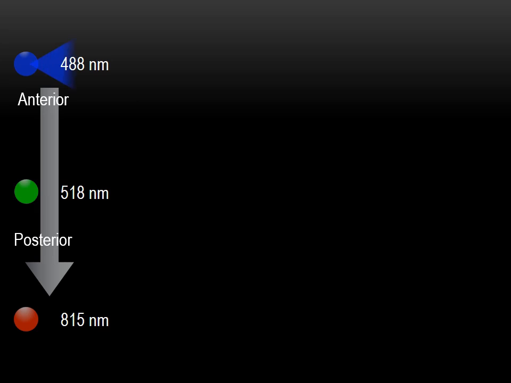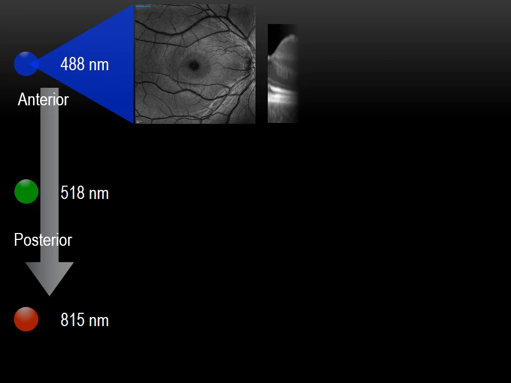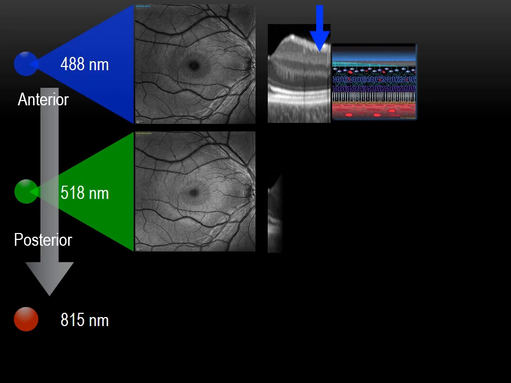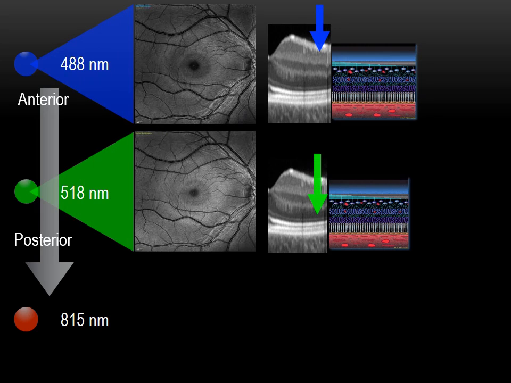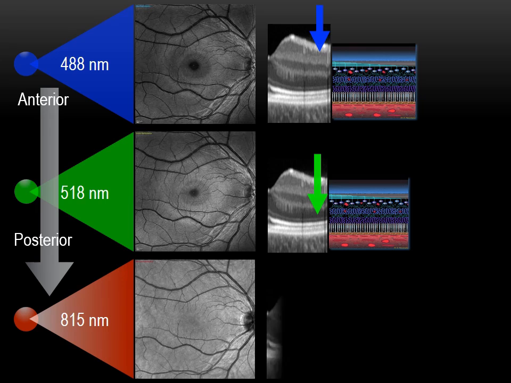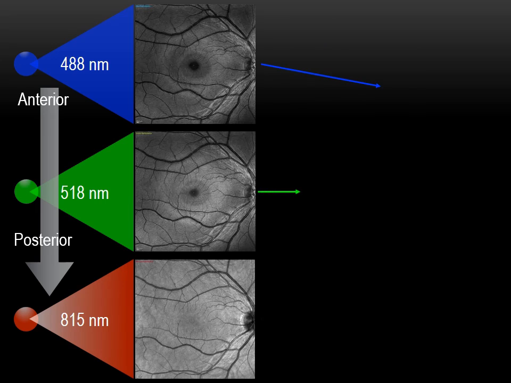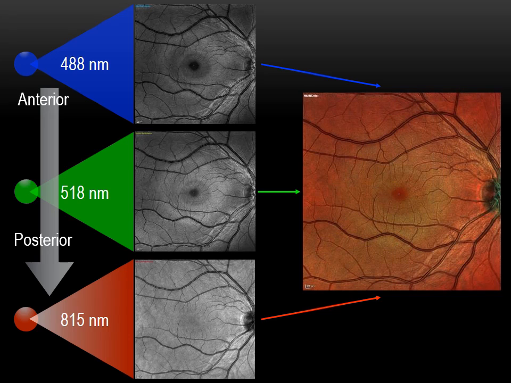So the blue light is able to image the inner retinal layers, the green light the inner to middle retinal layers, and the red light the outer retinal layers. And when we combine the three, we are able to see a multicolor image. This is the combination of the three different laser wavelengths.